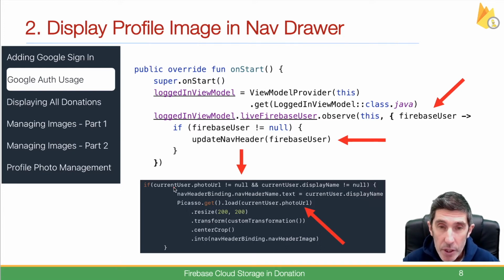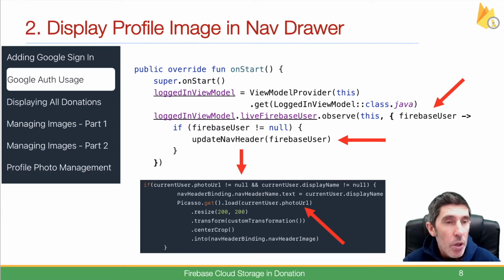So if this is technically a Google user, I set the display name, and then I use Picasso to load up that photo URL tied to the current user into the nav header image. Again, I will take you through this in the lab itself. We'll put this inside a helper class as well.